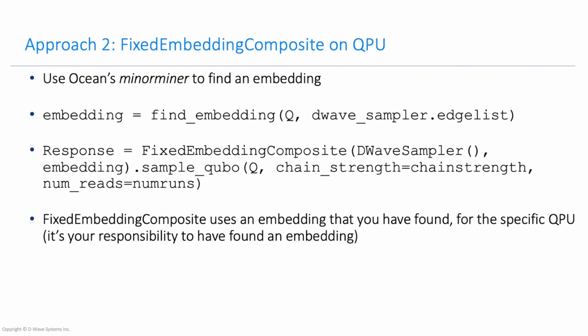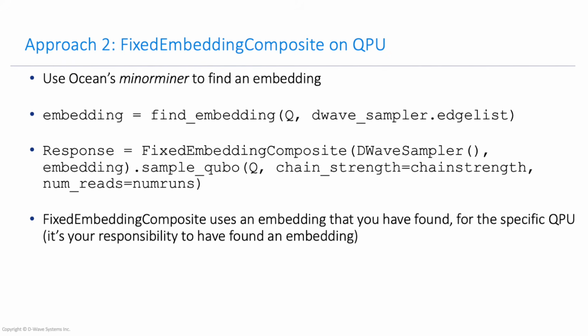Here's a second approach you can take: instead of relying on an embedding composite, you could use some software to do the embedding yourself. An example of that is here, where the composite in this case is called fixed embedding composite. Here's the call in the middle of the slide.